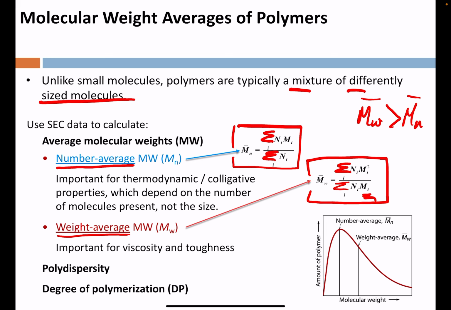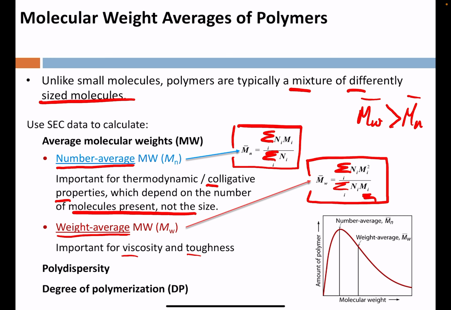Each can actually serve a purpose past understanding the molecular weight profile. Mn is typically responsible for colligative properties, which of course depend on the number of molecules present and not necessarily their size. Things like viscosity and toughness are more dependent on the weight average of the sample in question.